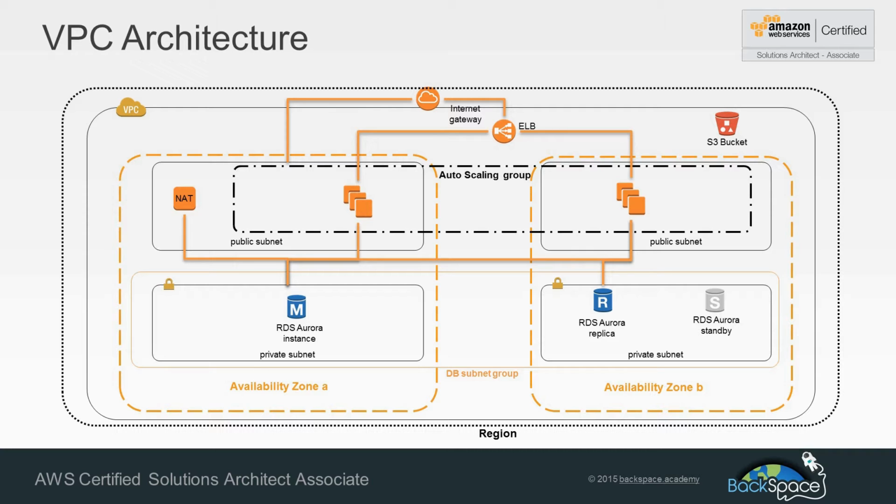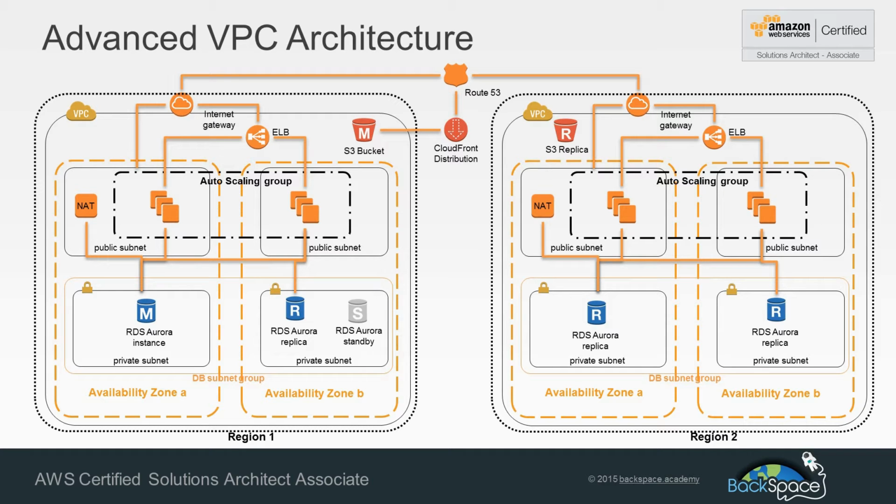We'll also have an S3 bucket for our static assets and also for our latest code that we're going to bootstrap into our instances on startup, and that will connect into our VPC through an S3 VPC endpoint, which is a new feature of VPC.